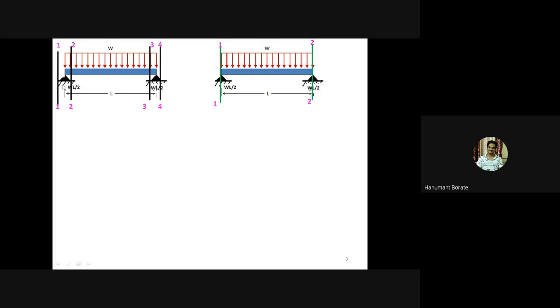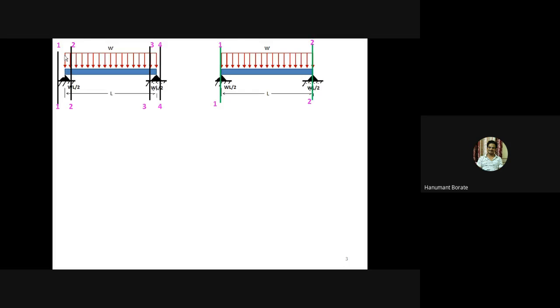So here, as per the critical points rule, we have taken 4 sections. Here is the point load, that is, we can say the vertical reaction. So here we have taken 2, just left of the vertical load and just right of the vertical load. Simultaneously, at this point the UDL start is also there. So always give preference to the more number of sections.